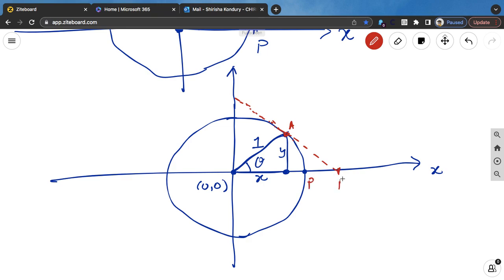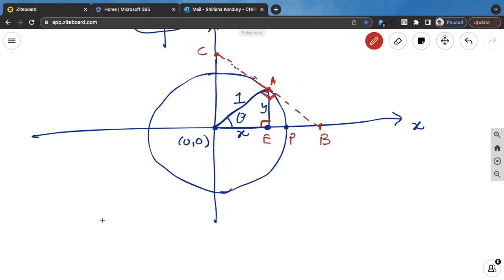It intersects the axis at B here. It intersects at C here. I'll also name this point E here. And this is a right angle triangle. We also know that radius is perpendicular to the tangent. So I have a right angle here as well.